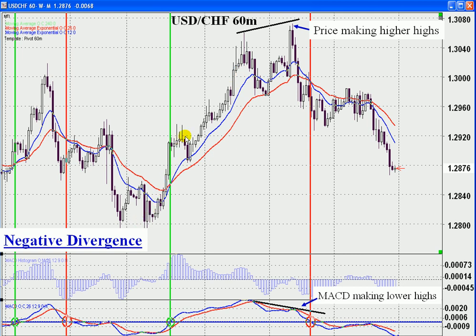We see a nice uptrend here, an aggressive uptrend, and a parabolic spike, and often you'll get a second attempt. Here we see a second attempt up.